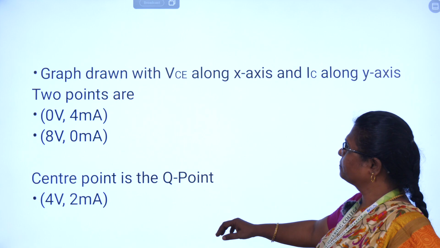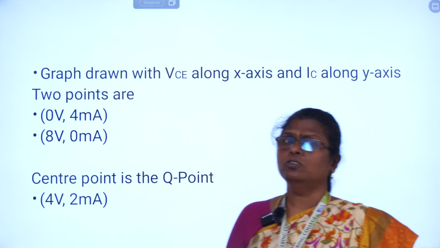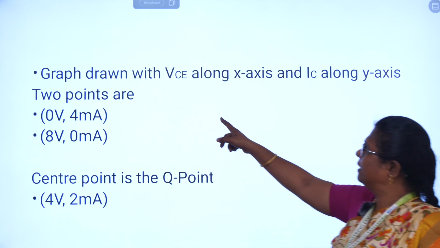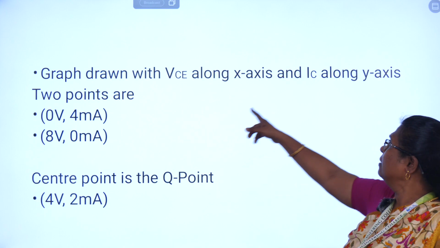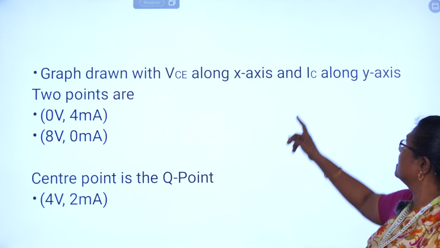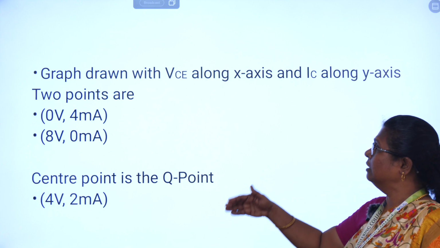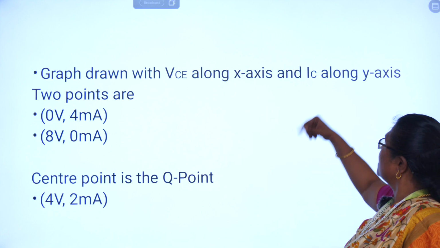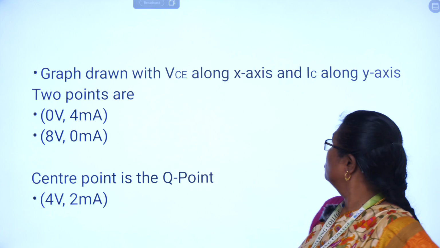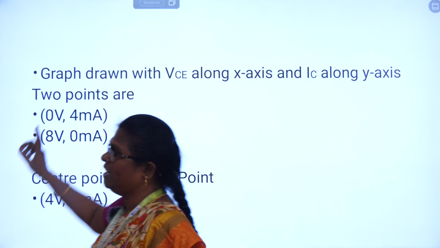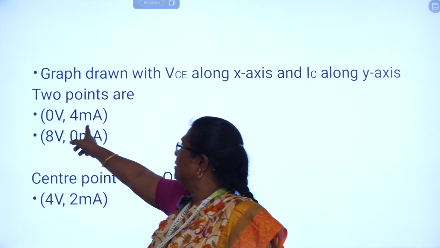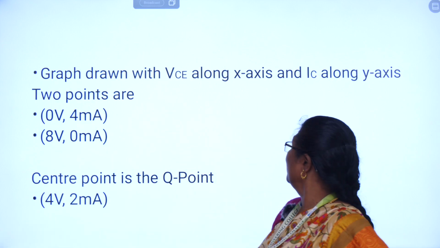So we have 2 points, and we are going to draw the graph. We are going to draw the line with VCE along the x-axis and IC along the y-axis. So voltage is along the x-axis and current along the y-axis.